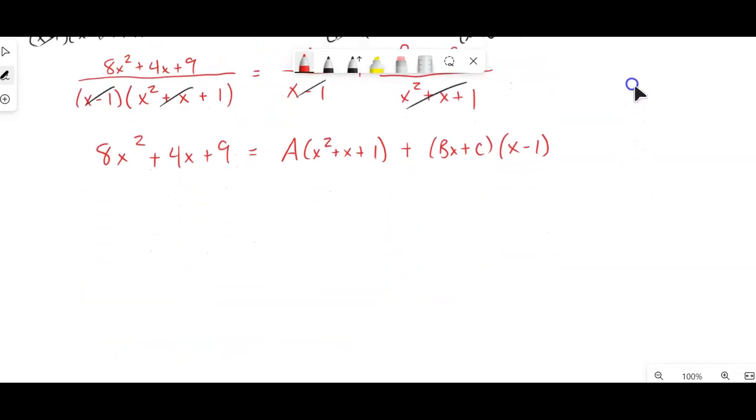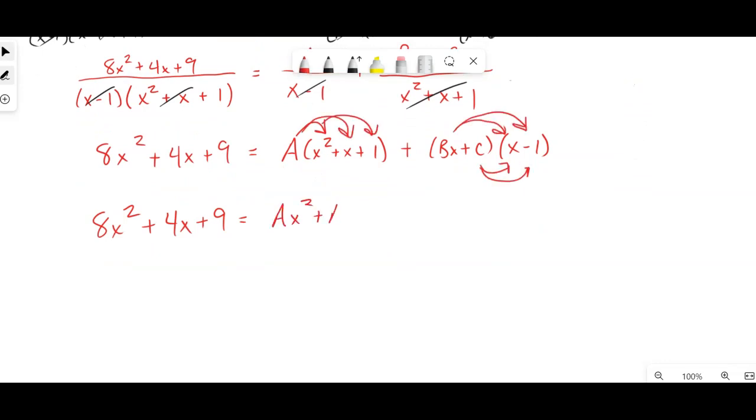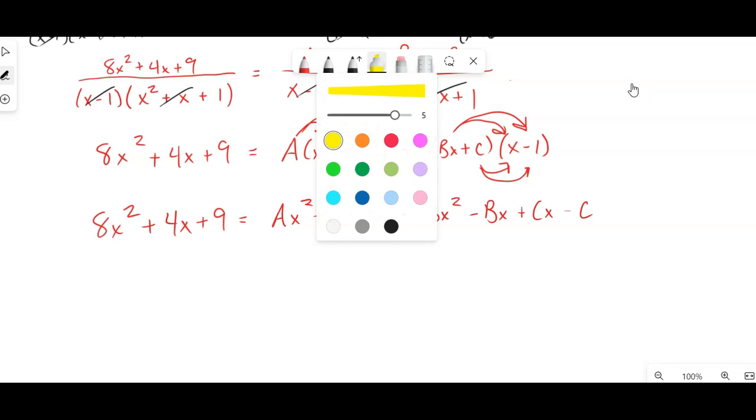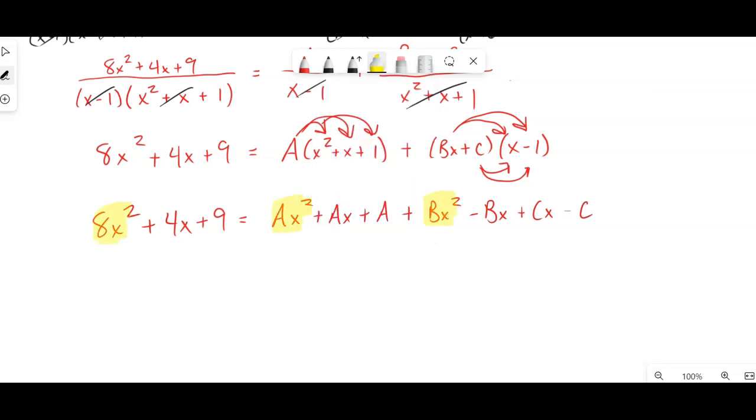All right, just like before, we're going to distribute and expand. So I'm going to get Ax squared plus Ax plus A from that first piece. And then here I'm FOILing, so I'm doing Bx squared minus Bx, and then a Cx minus C when I distribute all that through. All right, now I'm going to combine everything that has an x squared, set that equal to 8.